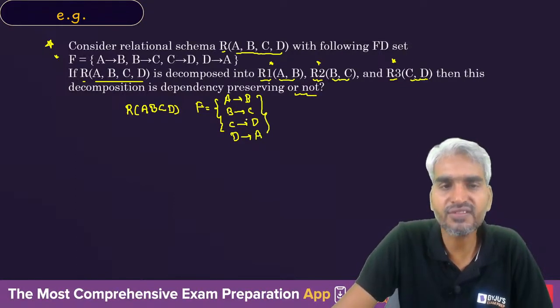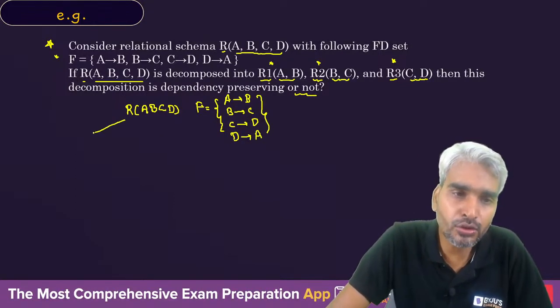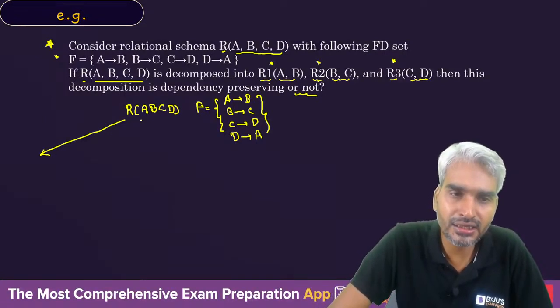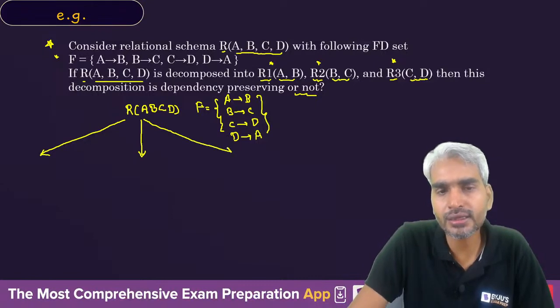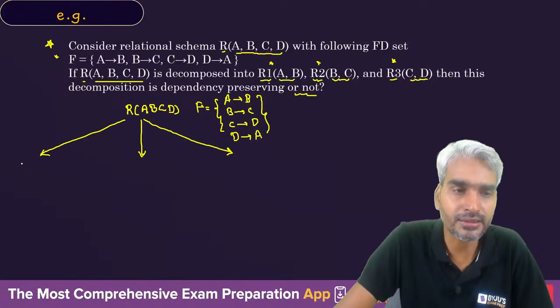These are the FDs. Now, it is being told that this relation R is decomposed into 3 sub-relations: R1, R2 and R3.